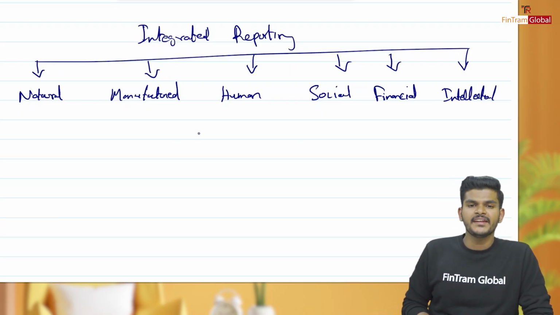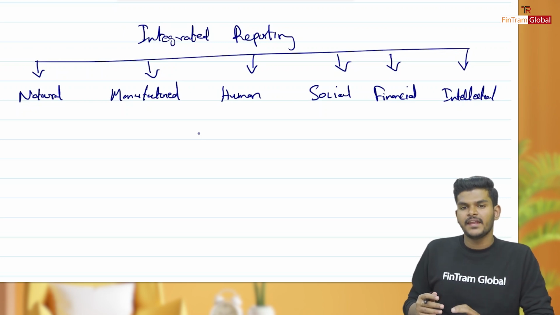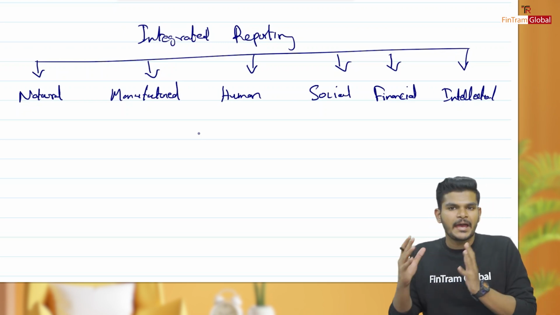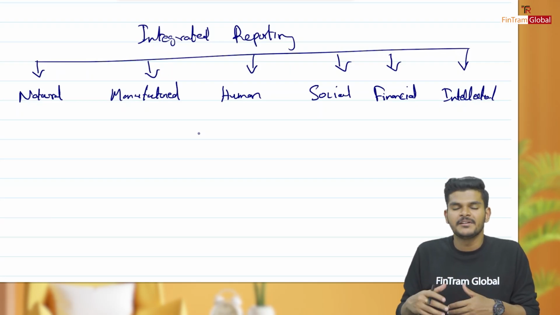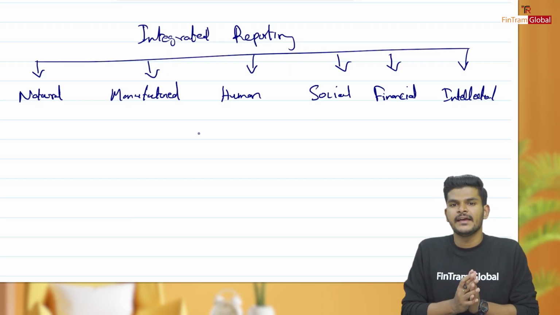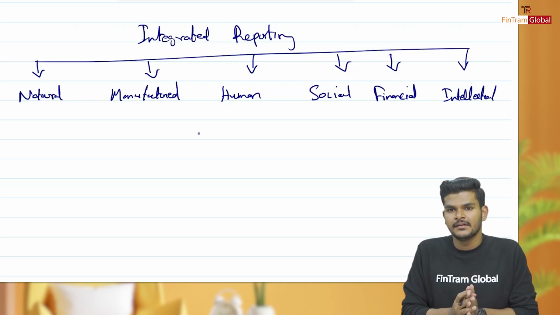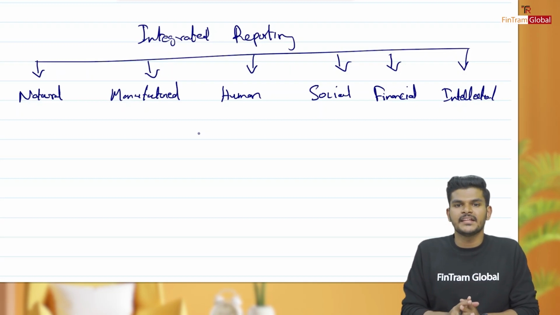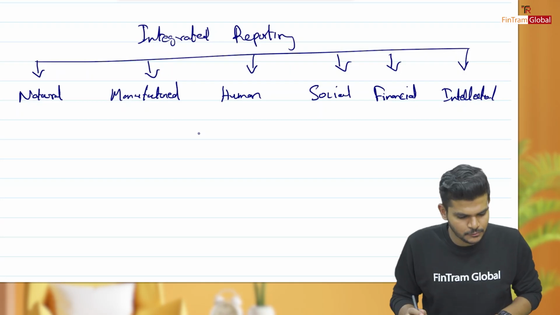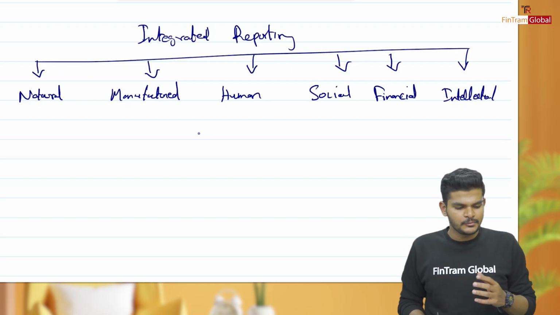So if you're preparing an integrated report, then you should speak about all of these 6 capitals, so as to demonstrate that the organization is an environmentally responsible, a socially responsible business, right? That's basically the overall idea here. Okay, folks, so what are each of these capitals? Let's go one by one.